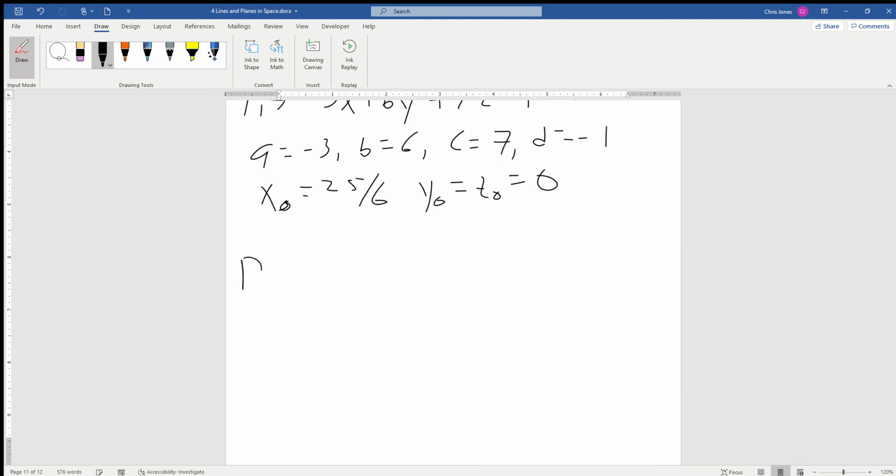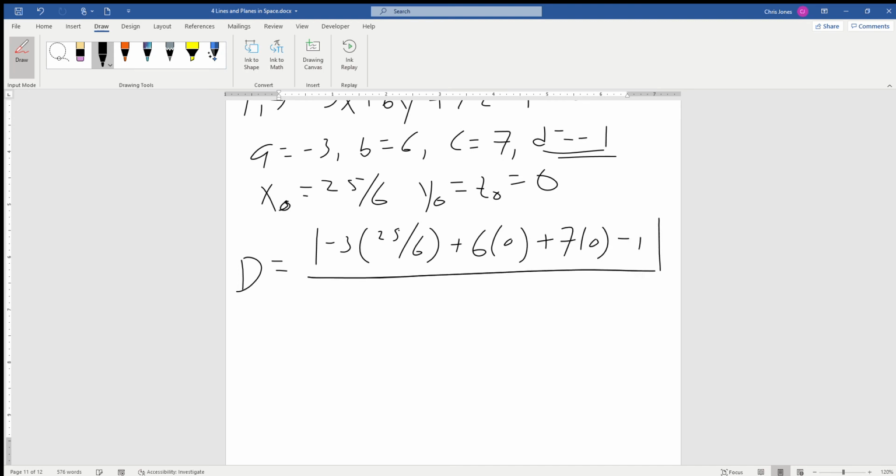All right, so the distance d, remember we take a dot product, and then we add this other d coefficient, so that's going to be negative 3 times 25/6 plus 6 times 0 plus 7 times 0 minus 1, absolute value. And then we're going to divide that by the square root of a squared plus b squared plus c squared.